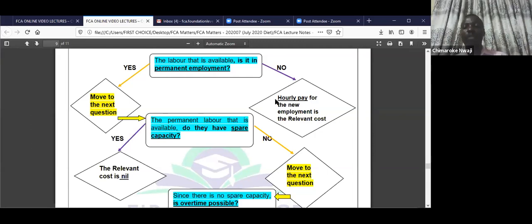Unlike these people that will be currently recruited, and they will be paid hourly. You don't pay permanent laborers hourly. You pay them a guaranteed amount.